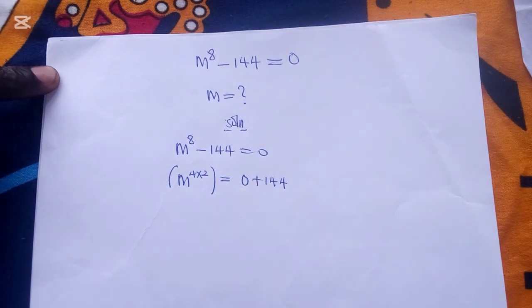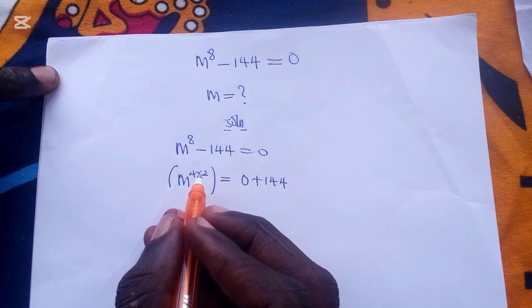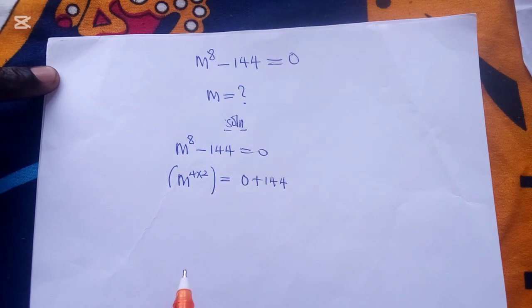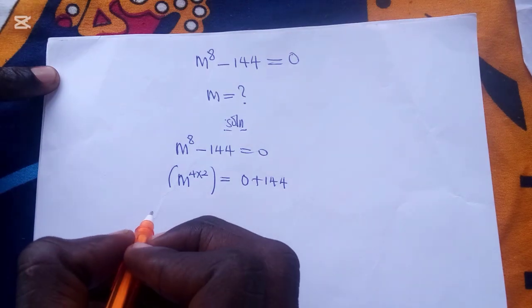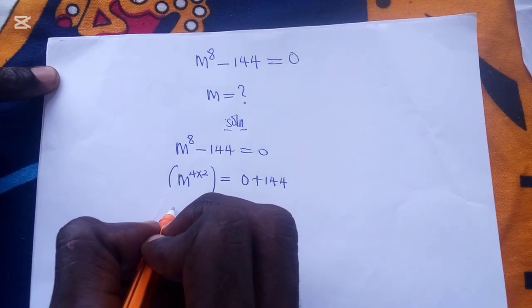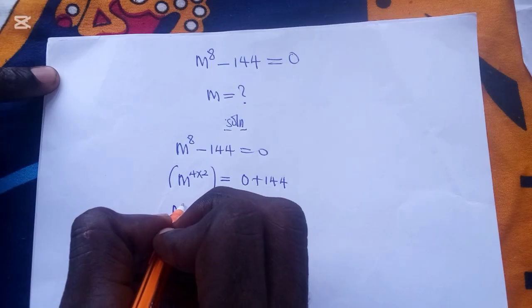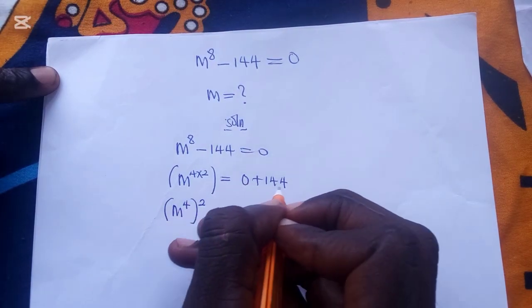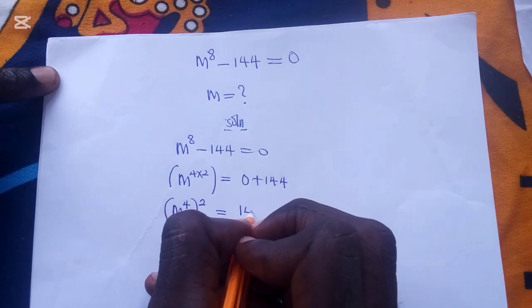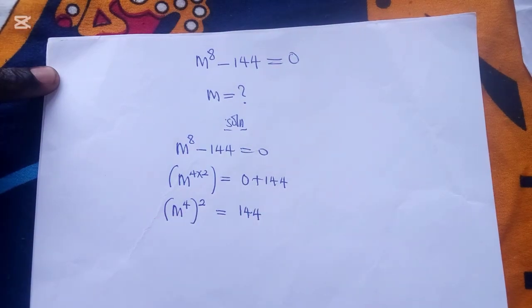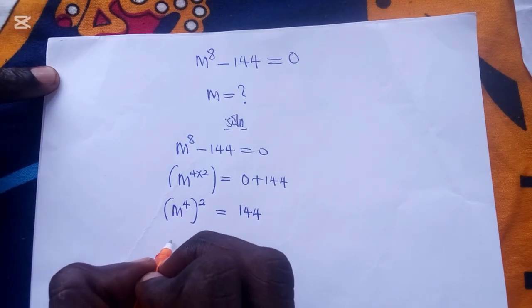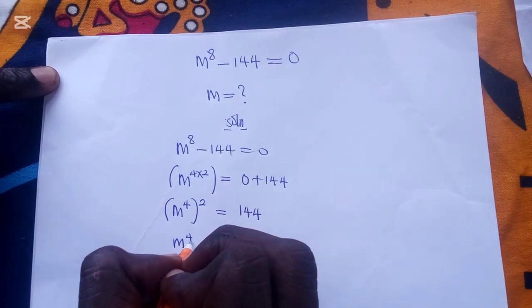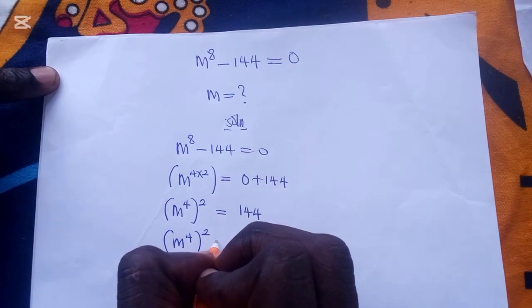Then the next step, we can express this using the power law of indices. This is m raised to the power 4 raised to the power 2, which equals 144.